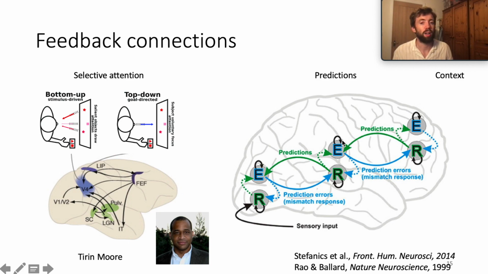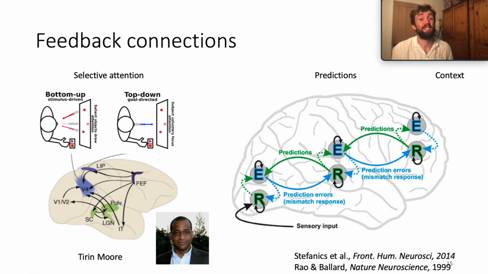One step of the hierarchy comes the predictions, and at this level, when you get new sensory information coming in, there's a comparison between this real data that came in and what was predicted, and this comparison then creates a prediction error, and this prediction error is passed back up to the next level.